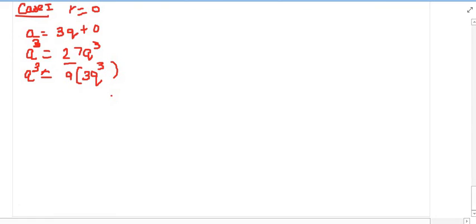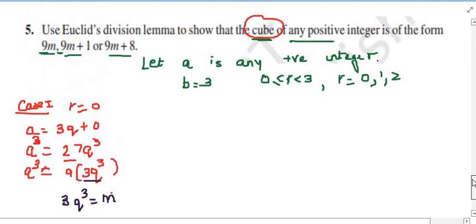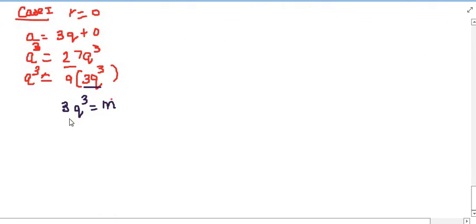Okay, so now let's suppose this 3q cube is equal to m, where m is any positive integer. So it means we can say a cube is equal to 9m.